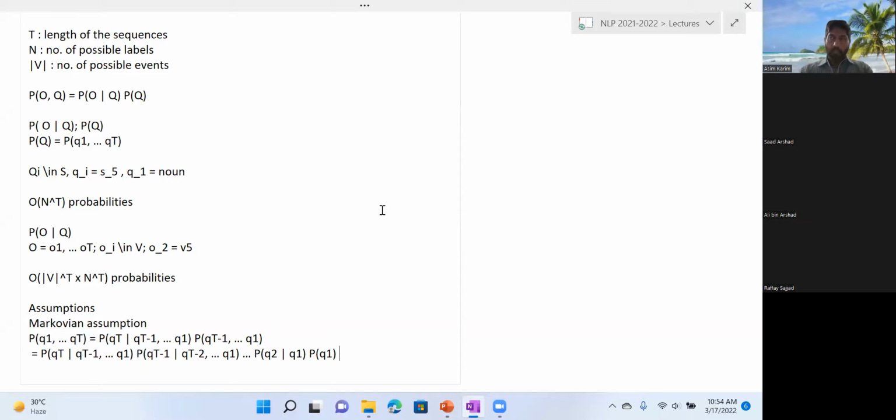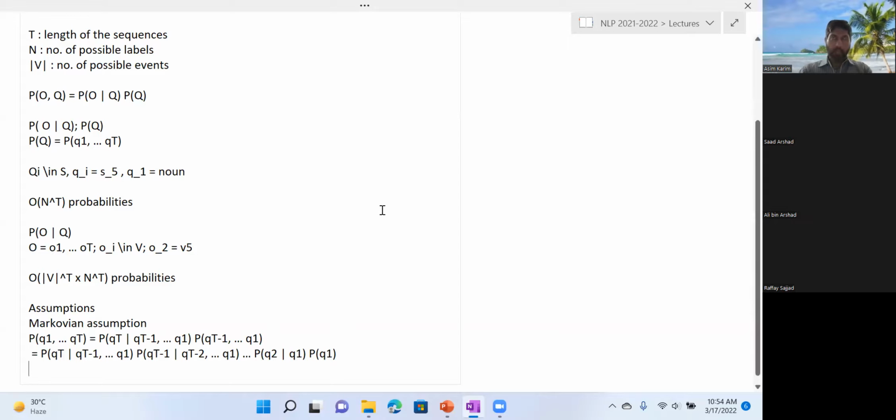And then we apply the Markovian assumption. The Markovian assumption is that the current state depends only on the previous state and no other preceding states. So the current state, or the current label, I should say, to be precise, depends only on the previous label and nothing else in the prior sequence.